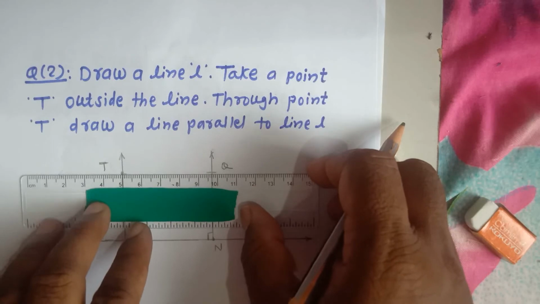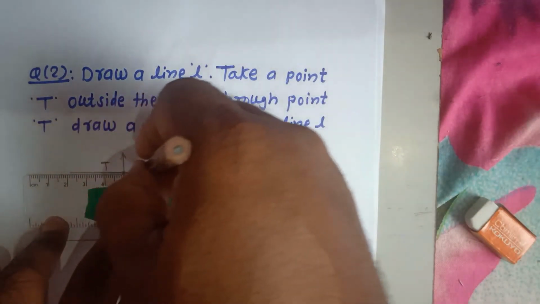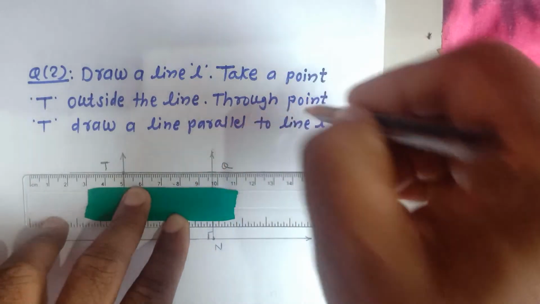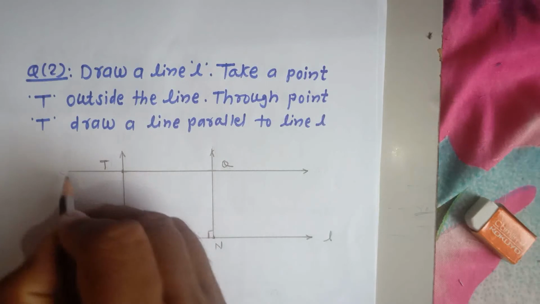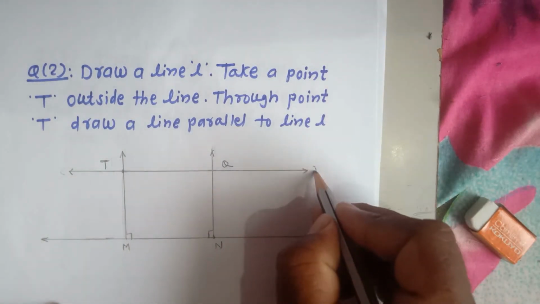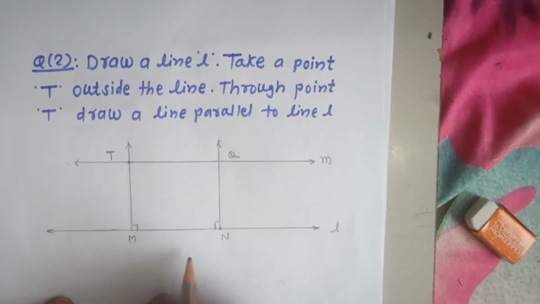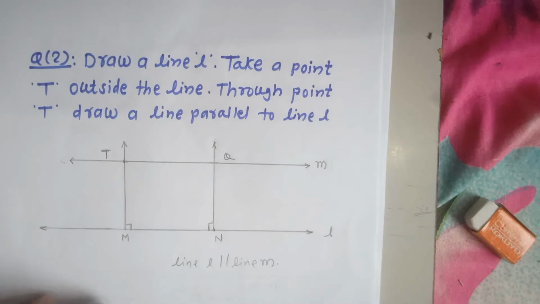Join the points T and Q. And this line will be line M. So we can write now line L parallel line M.